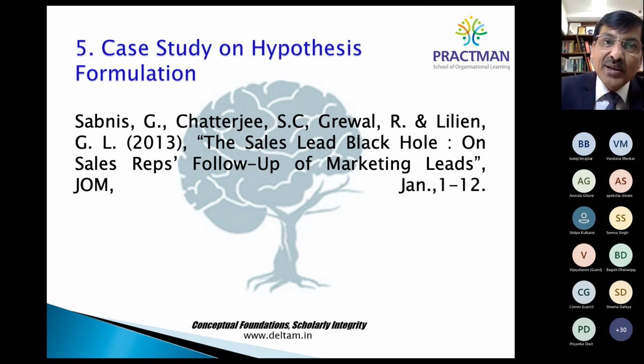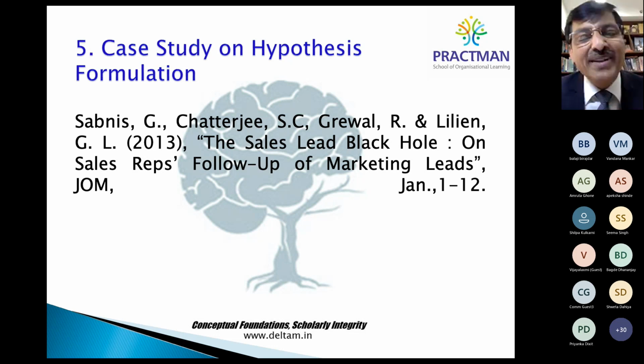But many of the leads provided by the marketing department are not used by the sales department. This created a puzzle in their mind. They were intrigued. Why is this happening? The phenomenon has to create some intrigue in your mind. So they wanted to investigate this phenomenon.